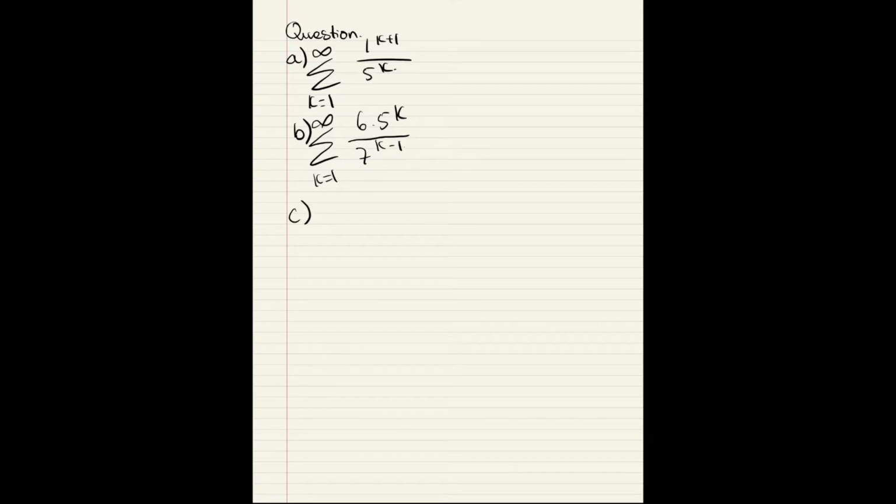Question C. The series from k equals 0 to infinity of e to the minus k. For question D, the series from k equals 0 to infinity of 5^k over 7^k.